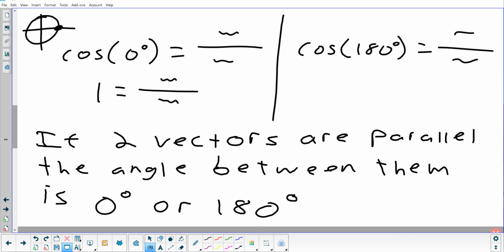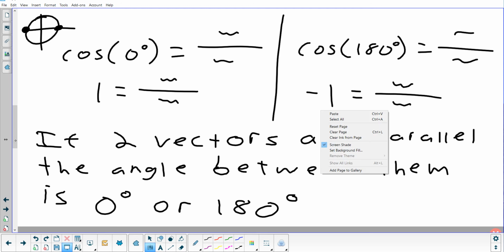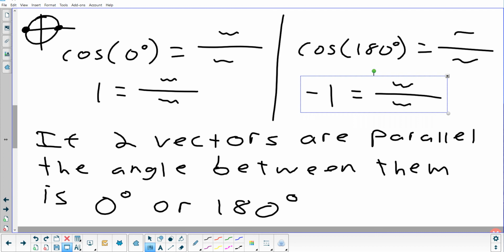Now, if we had 180, what's the cosine of 180? -1. And if the angle between them is 180 and you fill it into cosine, that means the left-hand side would be -1. How can a fraction give you -1? Caleb?